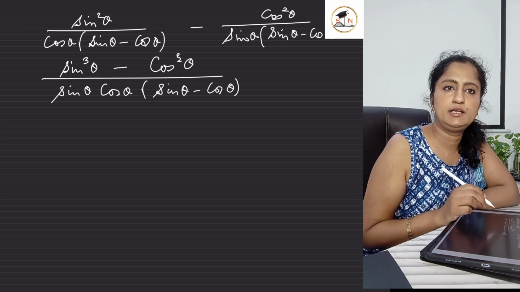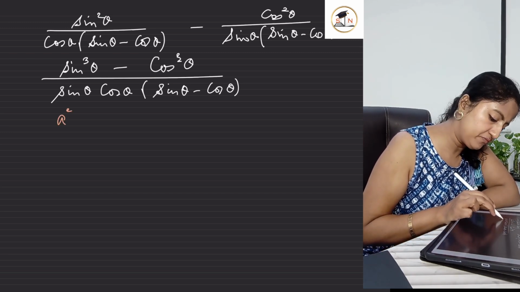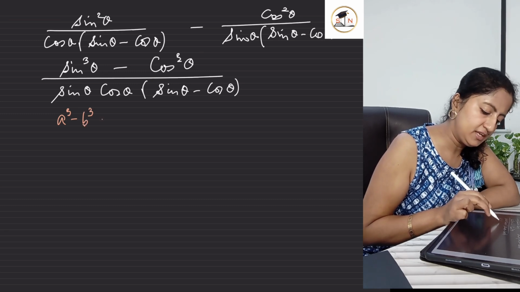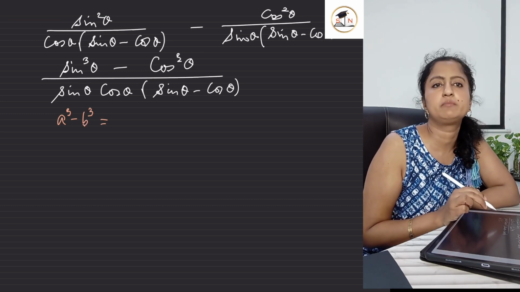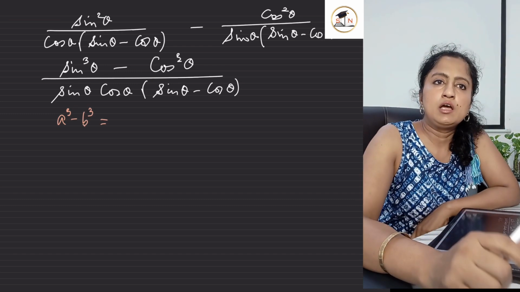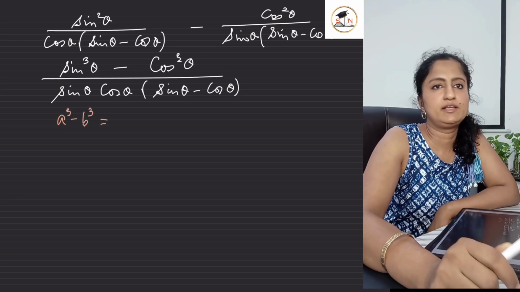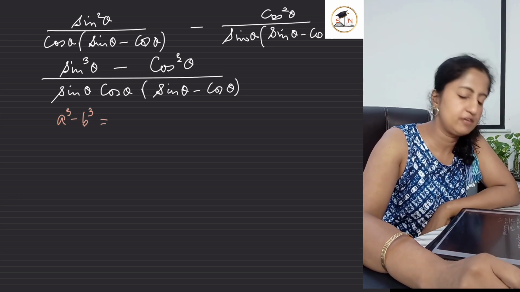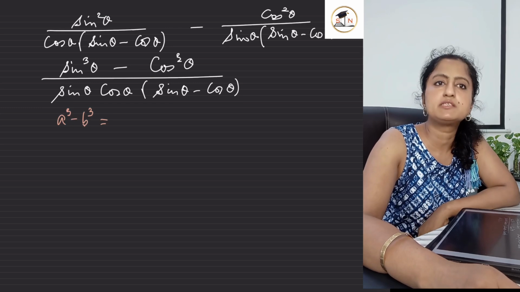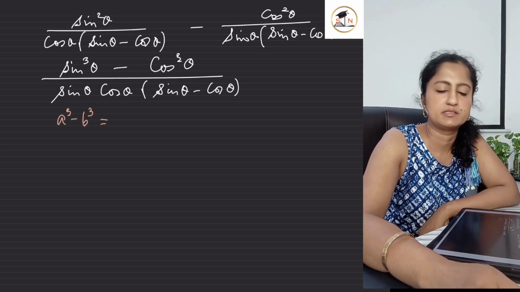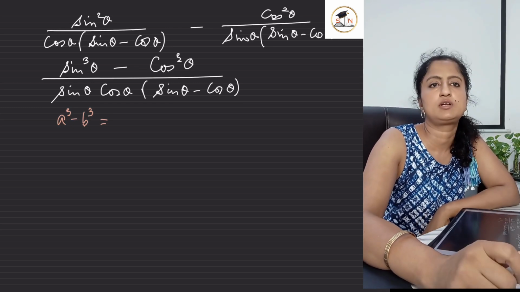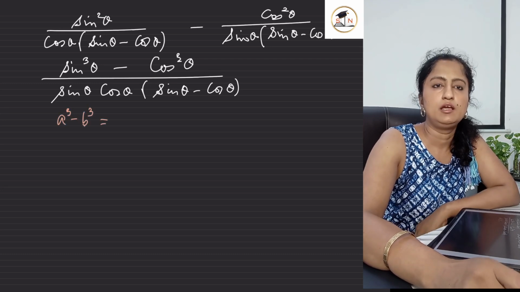Earlier you had studied an identity of a cube minus b cube, and I'm 100% sure with my experience that 99% of the students, when they are in class 10, have already forgotten this identity. I'm saying this with my past experience. Do revise your class 9th identities thoroughly, okay?